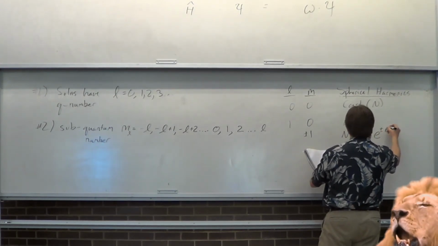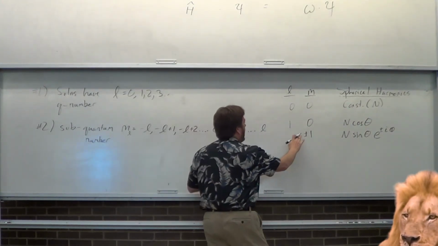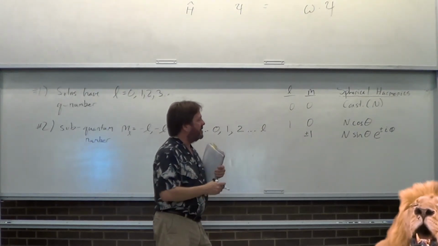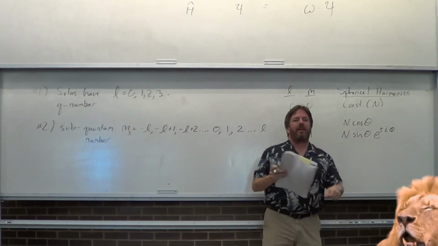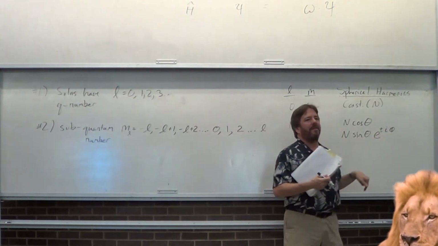It's not how they solved it. I'm doing this in a certain order. For M equals plus 1, the phi part is e to the i phi. For m equals minus 1, it's e to the minus i phi.